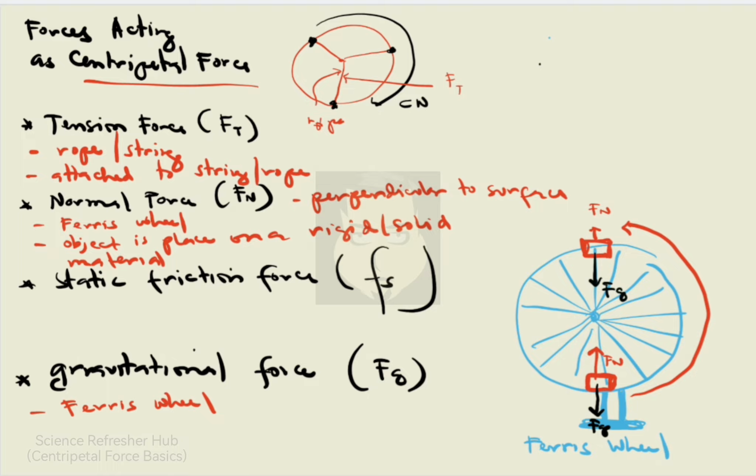That's why when you're above, you feel like your weight is lesser than when you're at the bottom, because the normal force at the bottom acts as a centripetal force, and when you're at the top, the gravity will now be much more of a centripetal force than the normal force.